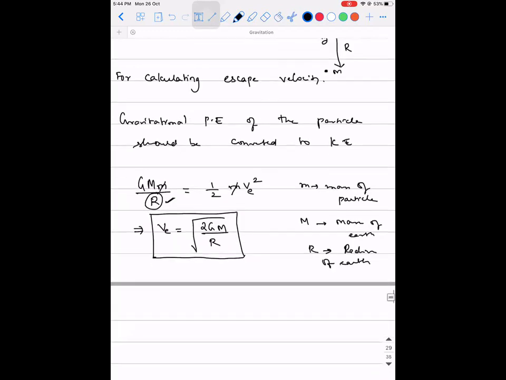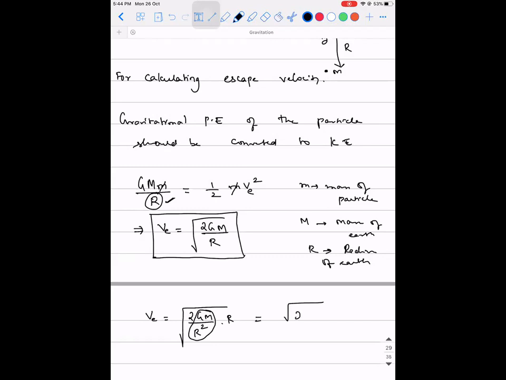So VE is equal to root of 2 G M divided by R, or VE can also be written as root of 2 G M divided by R square into R, dividing with R and multiplying back with R. So what is G M divided by R square, guys? Last class we discussed.